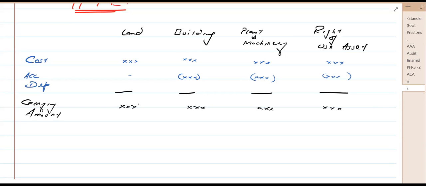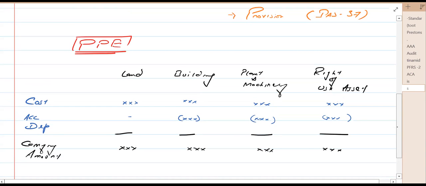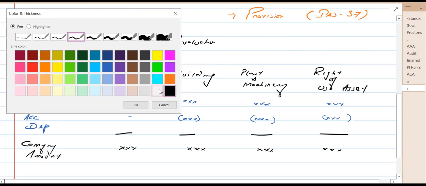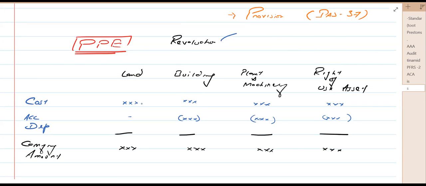Once you have written this, there's a thing you need to see: whether they are doing a revaluation. Now this is something very important. Mostly you have the revaluation context within the case study, and you need to see whether they are doing the revaluation at the start of the year, midway, or at the end of the year.